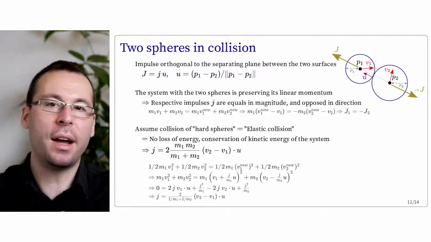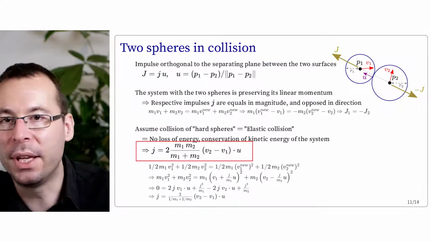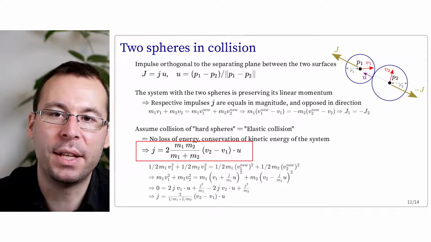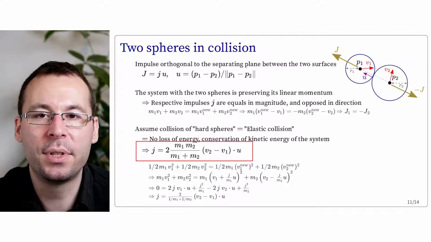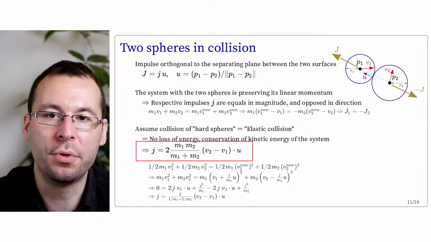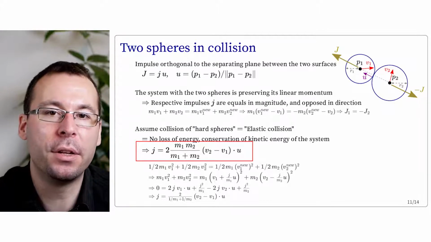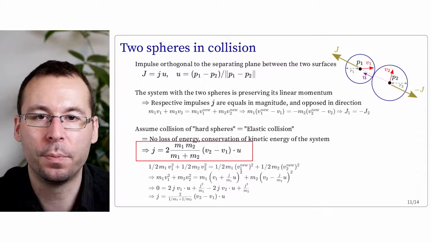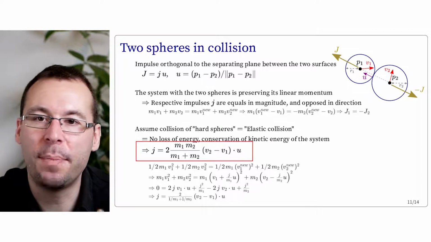And again, we can rearrange the terms and integrate the impulse, and then we get the final expression that says that the magnitude of the impulse is given by 2 times m1 m2 divided by m1 plus m2, which is called the reduced mass of the system, times the dot product between v2 minus v1 and u, which is the relative velocity orthogonal to the separating plane.